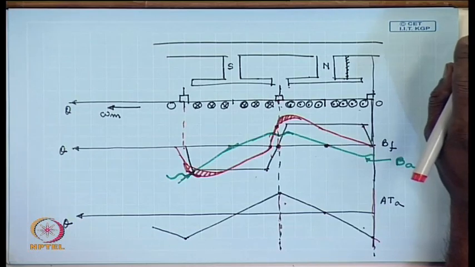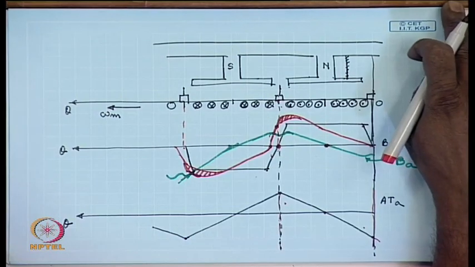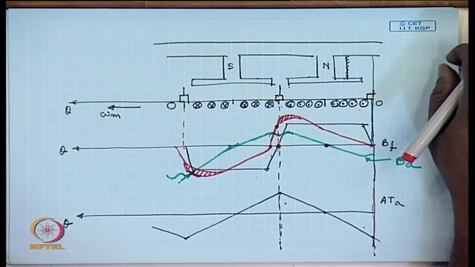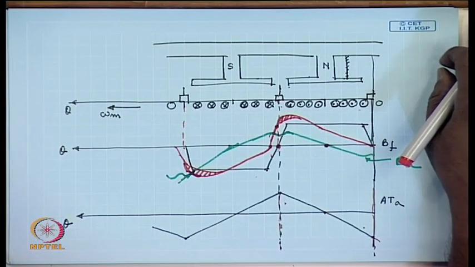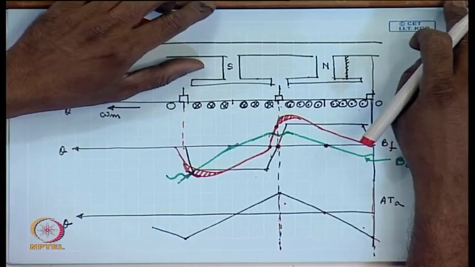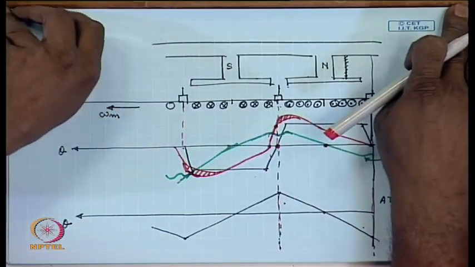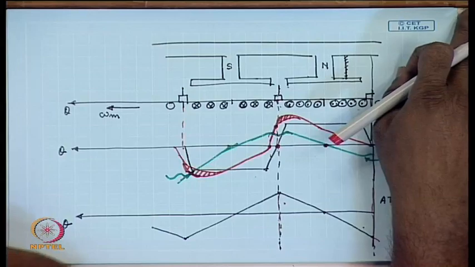Hence, the adjacent commutator segments will be subjected to a much larger peak voltage, which may cause breakdown of the insulation between the commutator segments. Therefore, it is necessary to counter the effect of armature reaction in a DC machine.